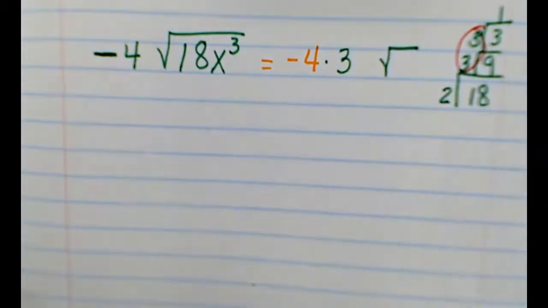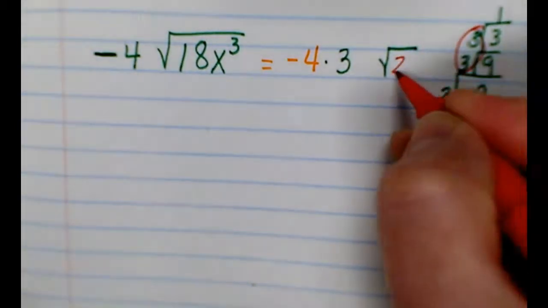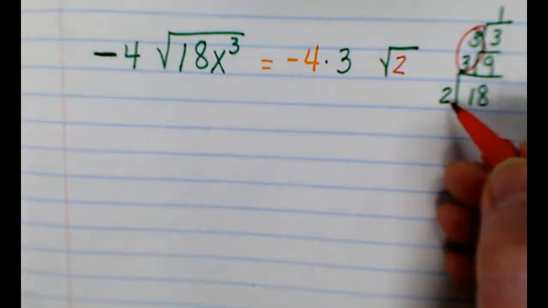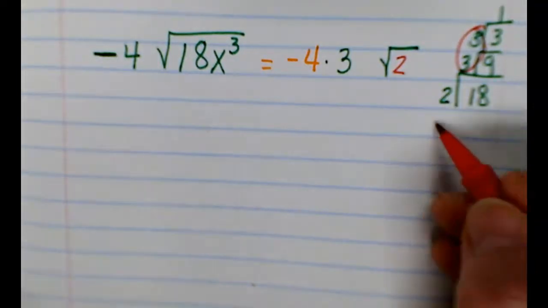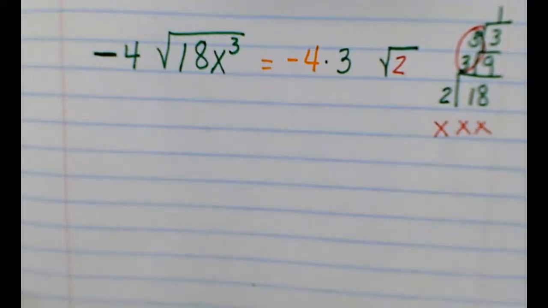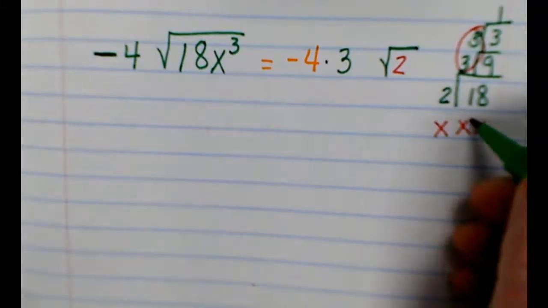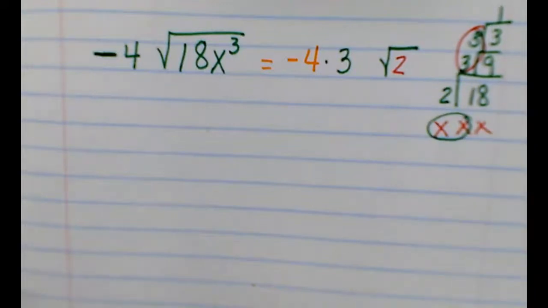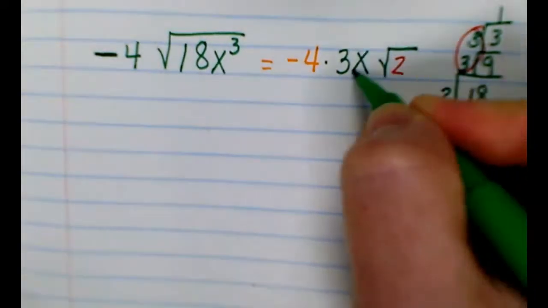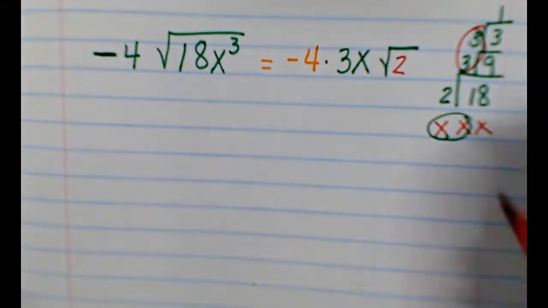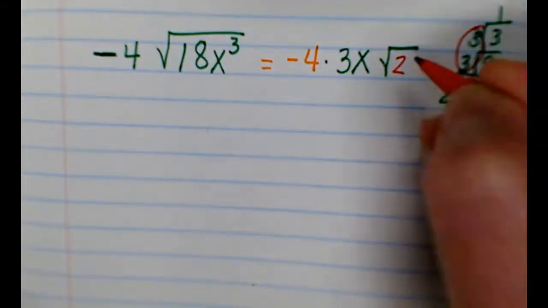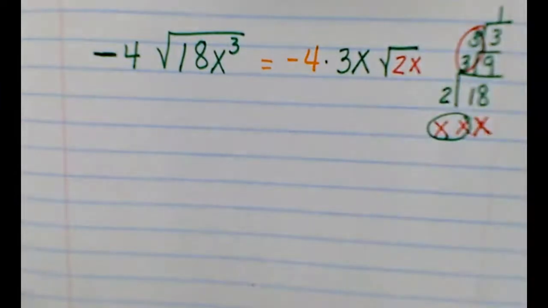And what's on the inside? This 2 that's left over. And then I had my x's. And what am I looking for? How many pairs do I have? One of the pairs, that makes a pair, so that x is on the outside. Does this x have a pair? Good.